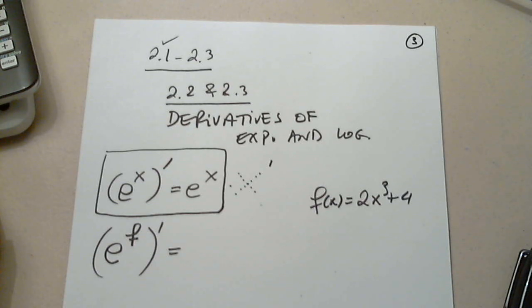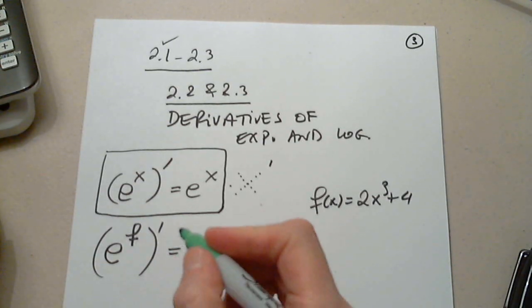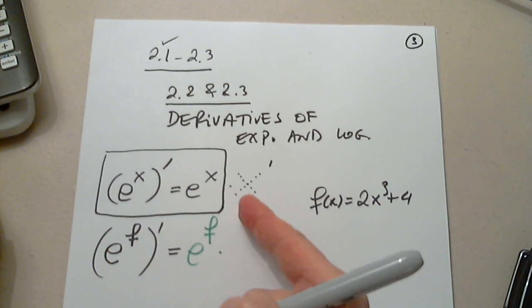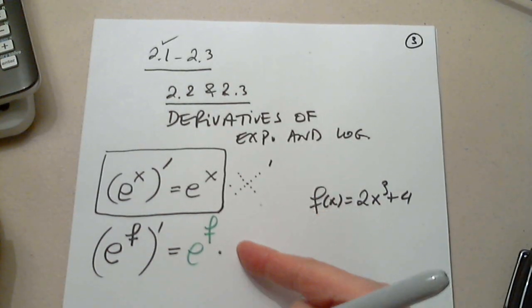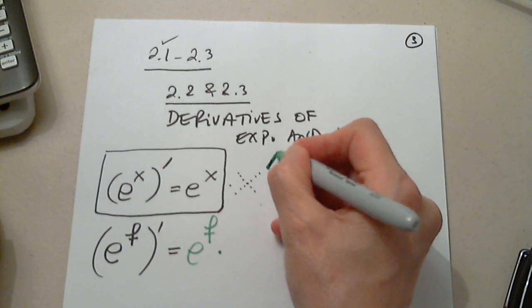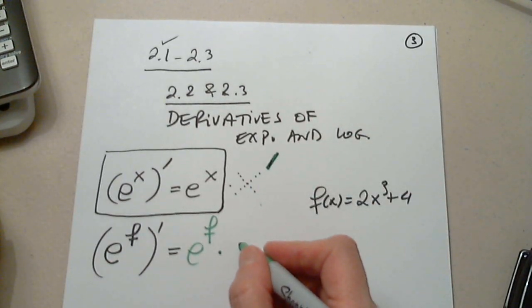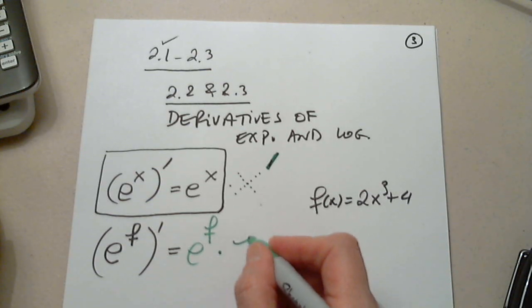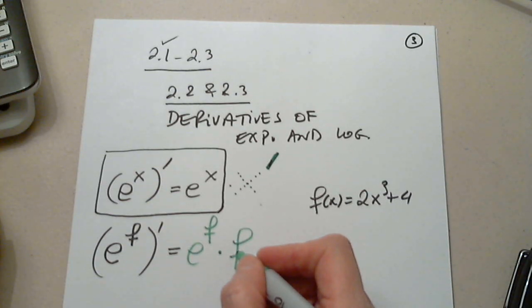I'm opening on page 210 already. Is it e to the function times the derivative of the function? There is no x here.